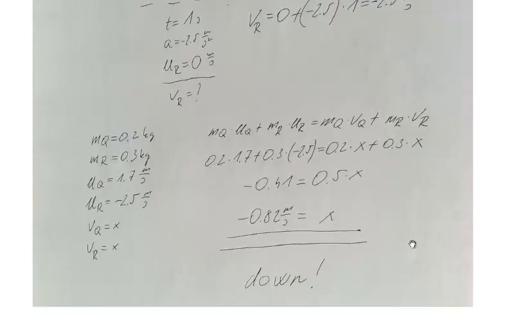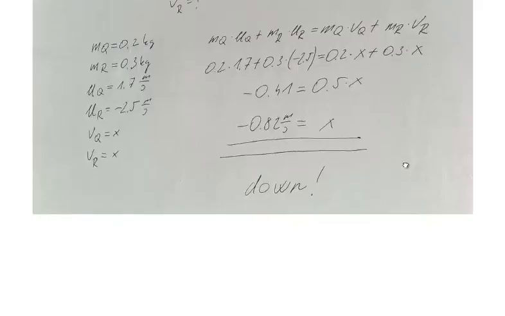Now we should use the conservation of momentum law. These are the data: masses, initial speeds, and the velocities immediately after the collision are the same because of the coalescence. They are moving together.